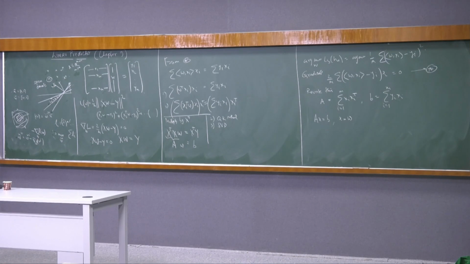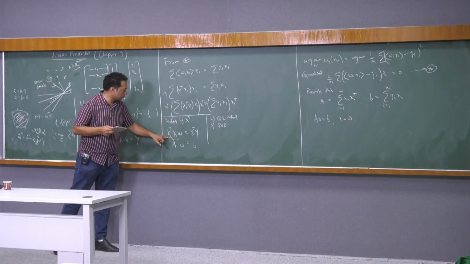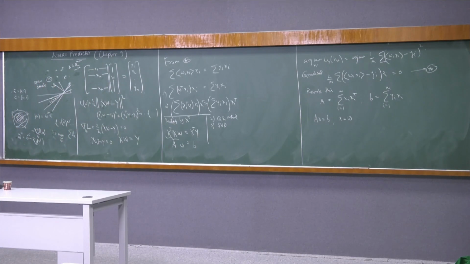This gives you a better picture because you understand that a projection step, X transpose X, was needed, on which I could solve the problem. So that gives you a better picture of the least square problem.